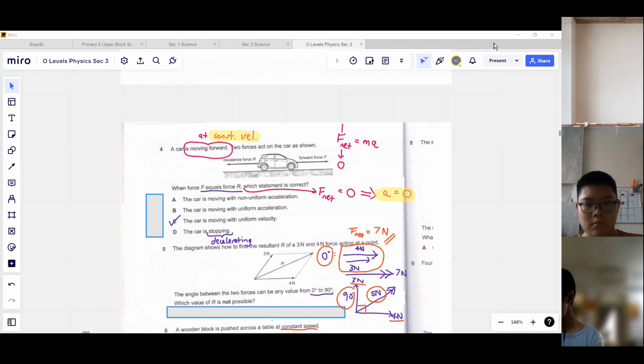Another way to write the F net is also equal to this. So this is the force from left to right. This is the opposite force. Now you substitute into here and you find out what this is. I think that's how you work on it.